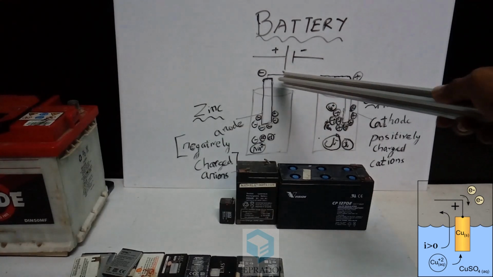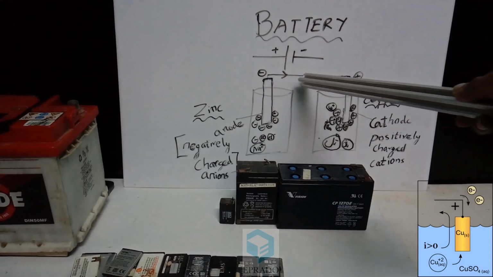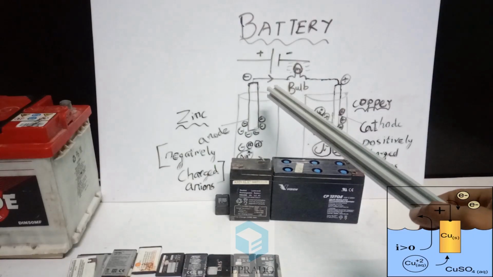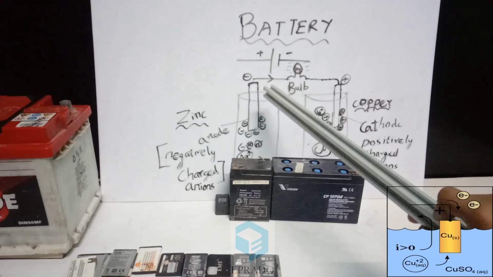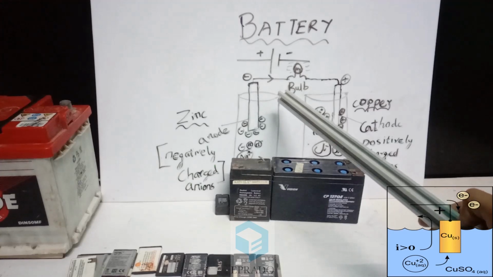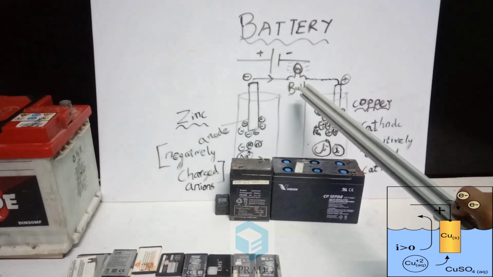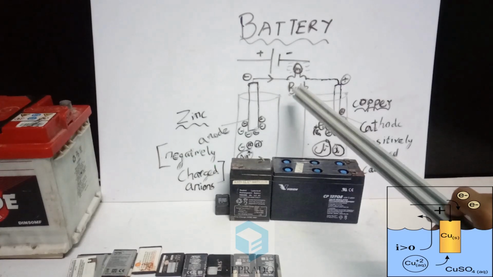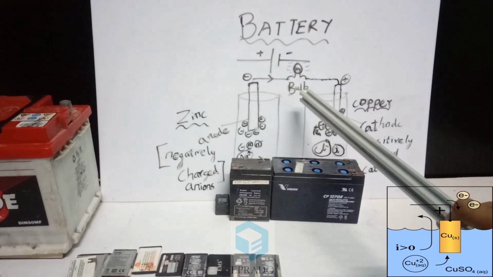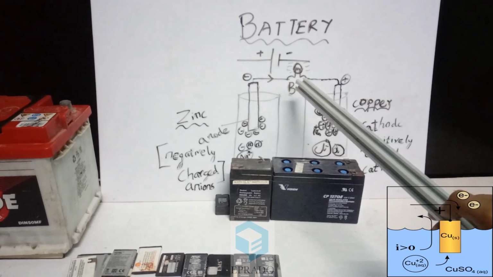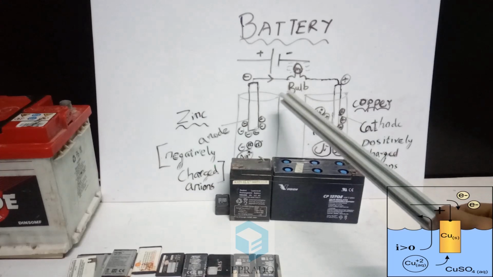So due to the flow of electrons through this wire, we can provide electrical energy to the components that we require. For example, we can power an LED light using this circuit. So the electrons will flow through this LED light and make this light glow.